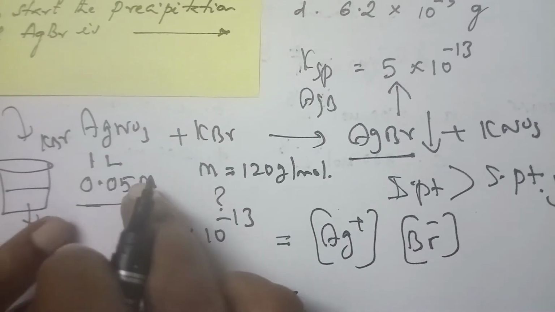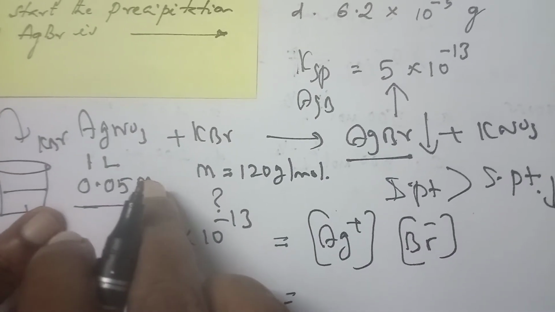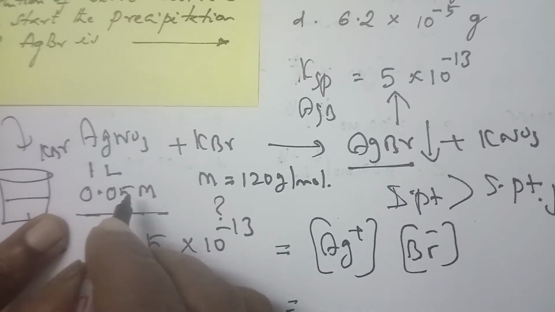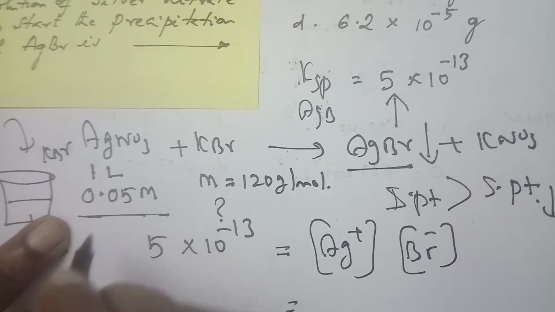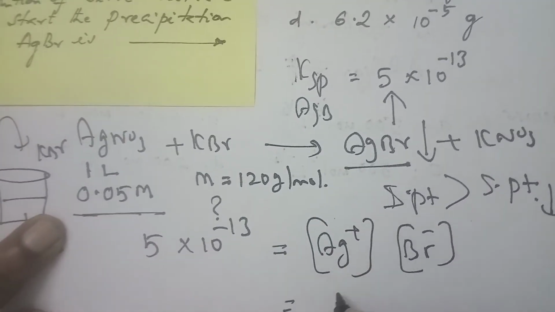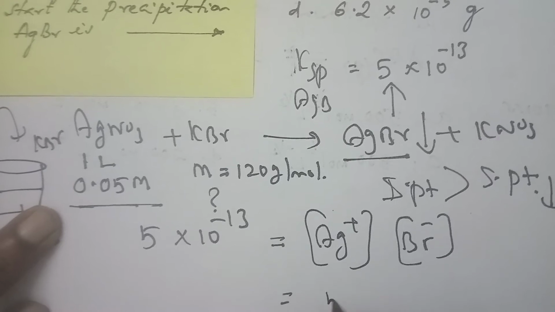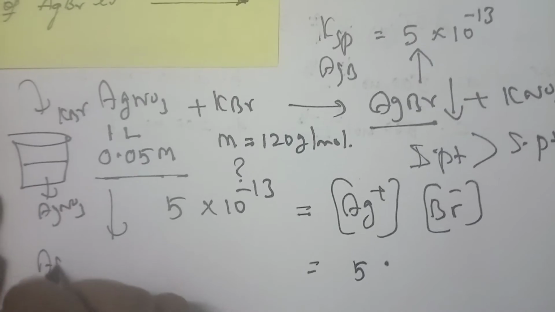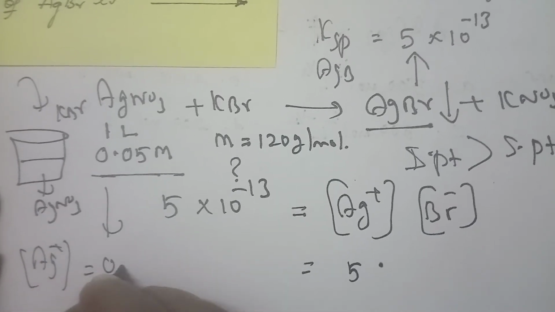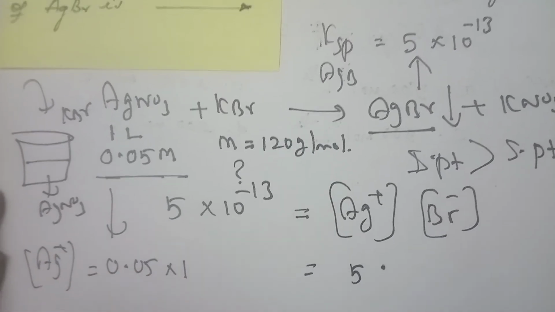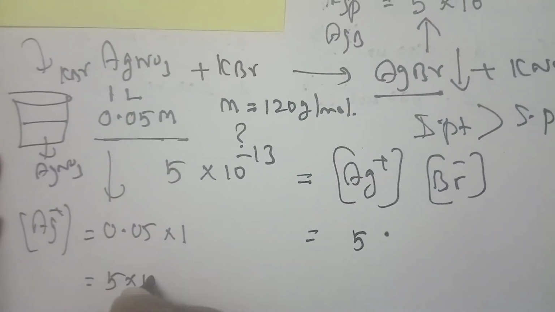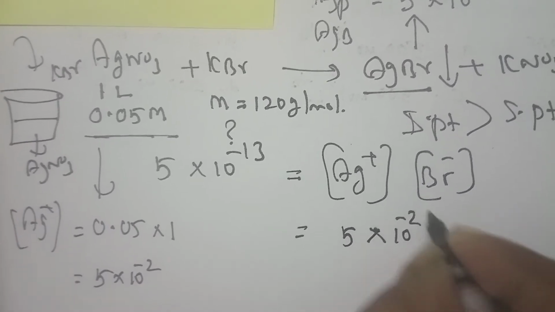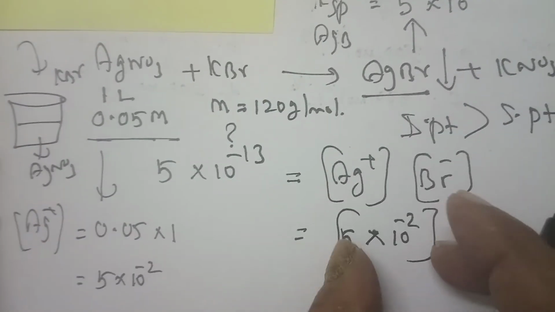Concentration is equal to molarity into volume, so 0.05 into 1 is equal to 0.05. The concentration of silver ion is 0.05 into 1, that is, 5 into 10 power minus 2. So 5 into 10 power minus 2 is the concentration of silver ion.